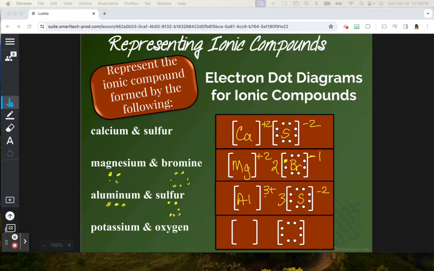We need 3 sets of sulfur to go with the 2 sets of aluminum. We'll get into that more later. Same for potassium. Potassium loses 1 valence electron, while oxygen gains 2 valence electrons. Therefore, we need 2 potassiums to satisfy oxygen's need of 2 valence electrons.